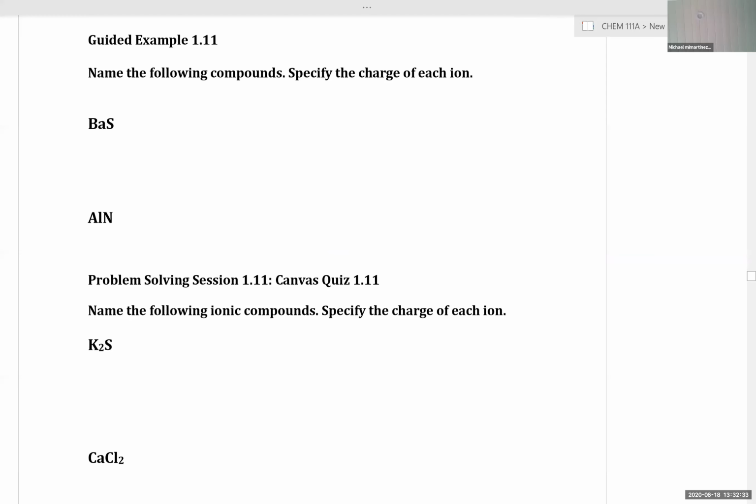So let's do another guided example. Let's name the following compounds, and as a bonus, we're asked to specify the charge of each ion. So first I'm going to name this. First we name our metal, which is barium. Next, we name the stem of our anion, which is the sulf stem, and we add the ending IDE.